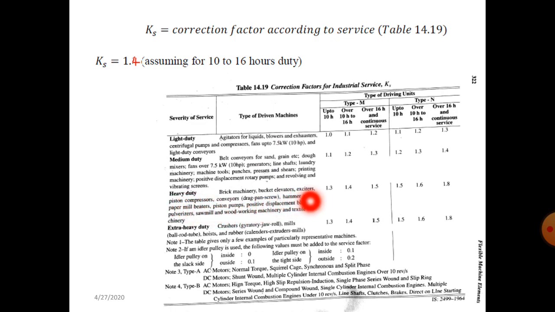So based on this, whatever the type, you can see here 1.4, that is the condition over 10 hours to 16 hours per day, and heavy duty, so the value is 1.4.